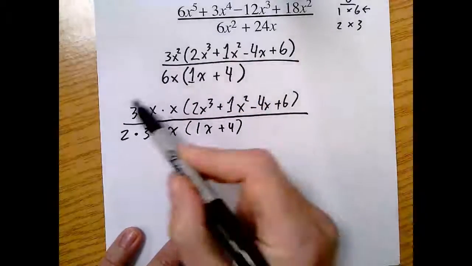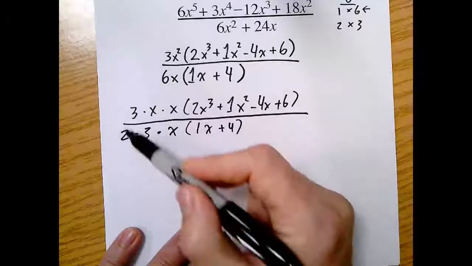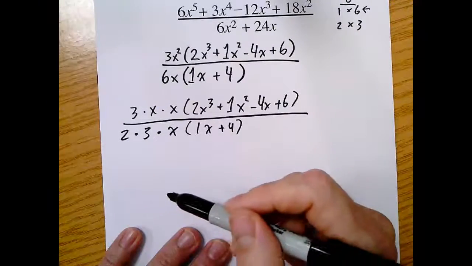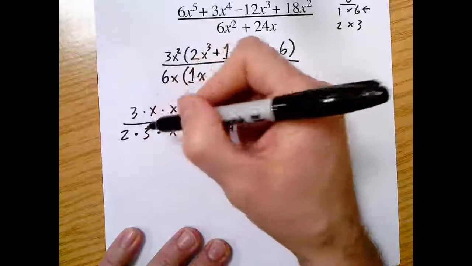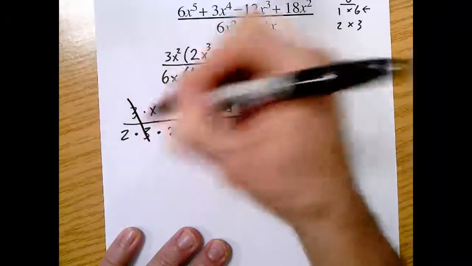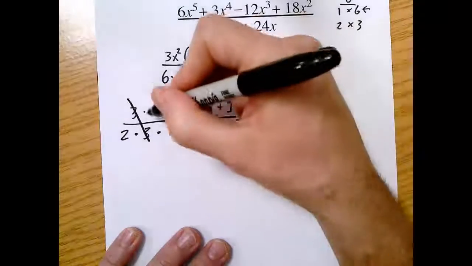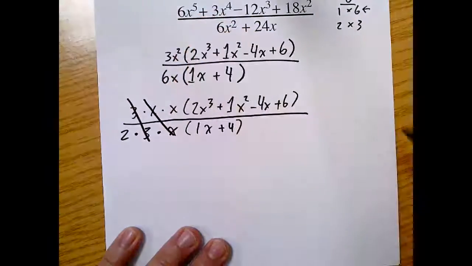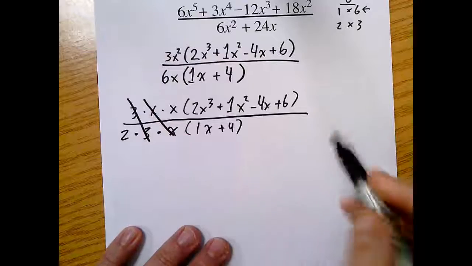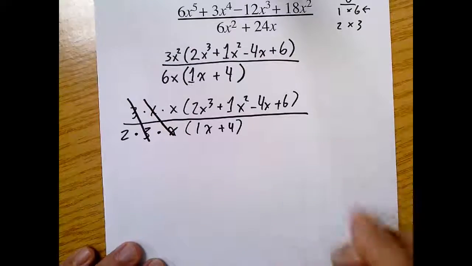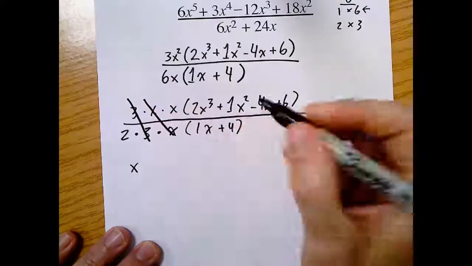So now we look at these terms outside of the parentheses, and we can see, well, 3 divided by 3 is 1, so that is gone. x divided by x is 1, so that's gone. And then we're left with this. And at this point, you can leave your answer like this, and it really depends who's asking.